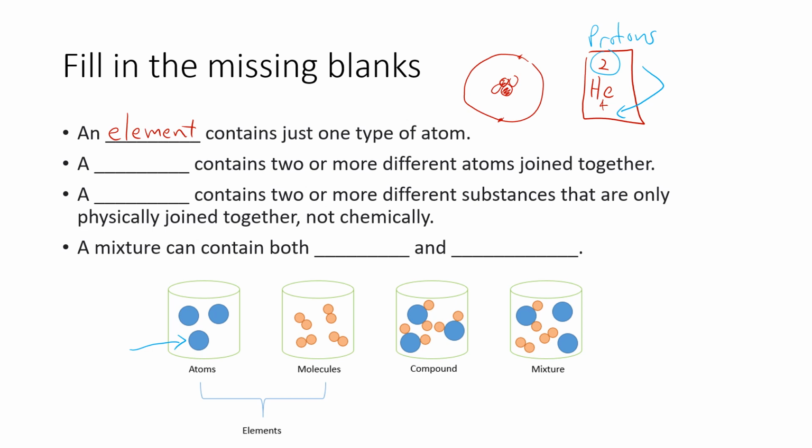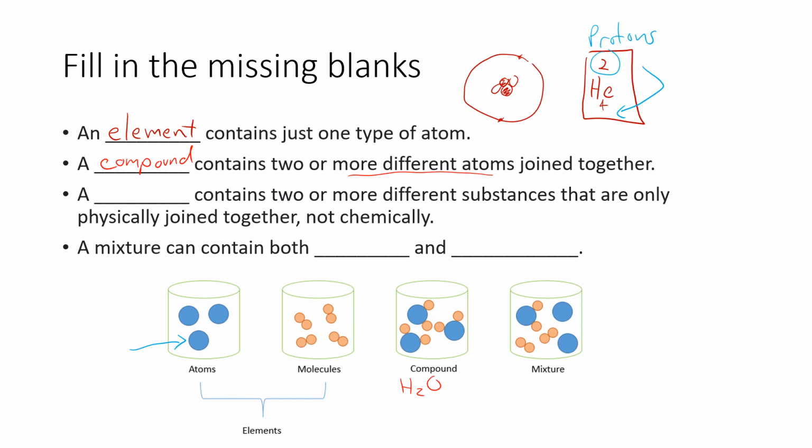Next, a compound is going to have two or more different atoms that are joined together. If you look at the compound over here, you can see the large blue circle and the two small, tiny orange circles. An example of this would be H2O. What that means is you have two atoms of hydrogen and one atom of oxygen that are joined together.